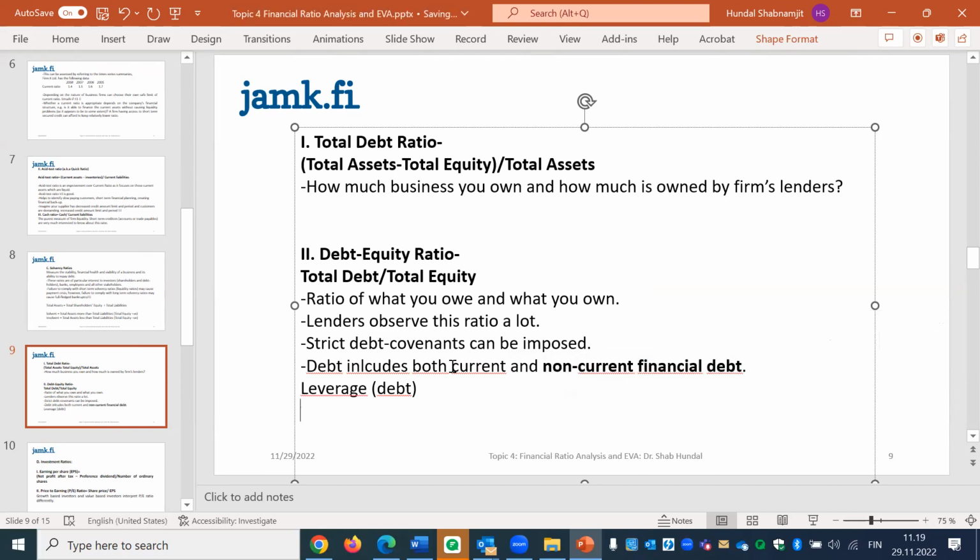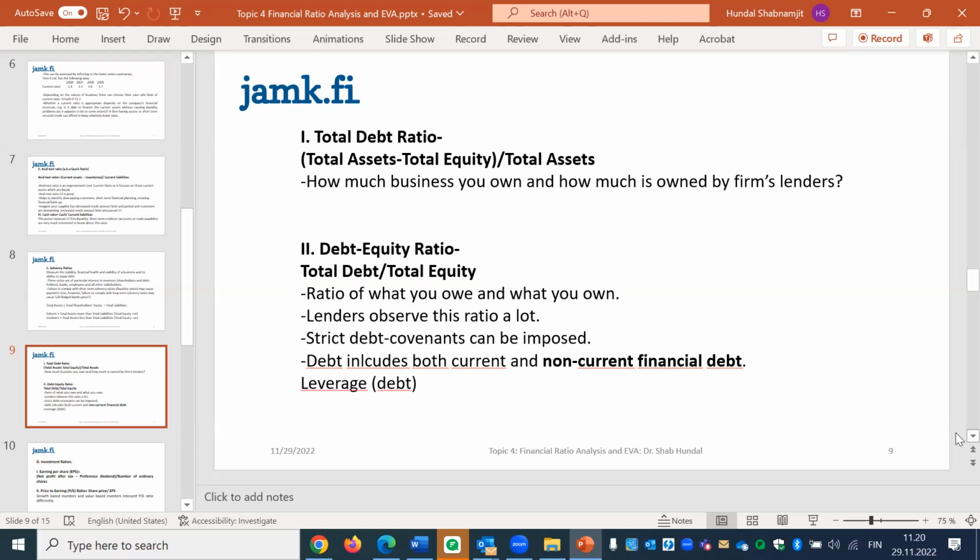The current debt is still a debt, but it's more from the operational point of view, not from the investment point of view. If you want to make a big investment in the company, you cannot do it based on the current debt, because the current debt can mature anytime before 1 year. Whereas a non-current financial debt can go for maybe 5 years, 10 years, 20 years. If you take a house mortgage, for example, in many countries, it can go even 20 years, 30 years.